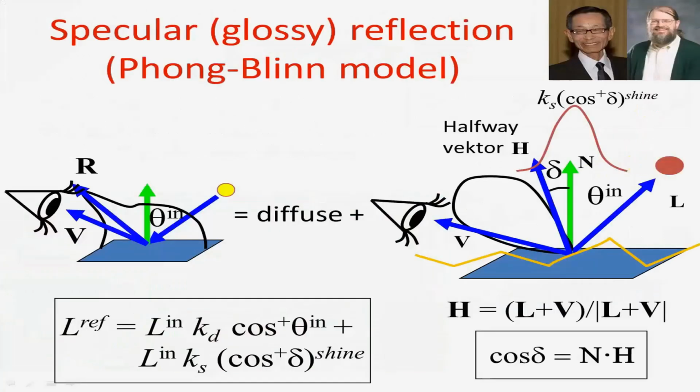Shiny, glossy or specular surfaces also reflect light in all possible directions, but more around the ideal reflection direction. As a result, we can see a blurred reflection of the light source because they reflect more light close to the reflection direction. We model such surfaces by two terms.